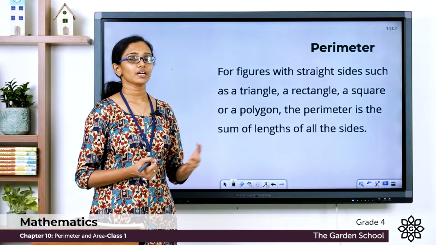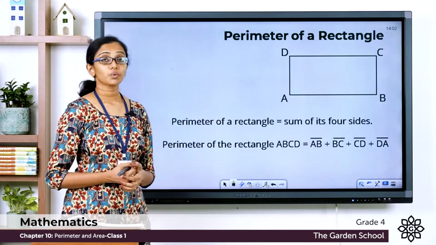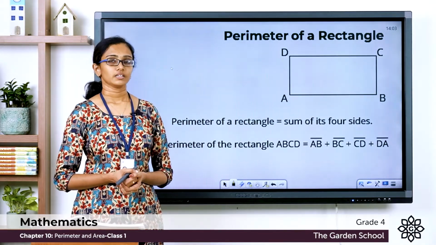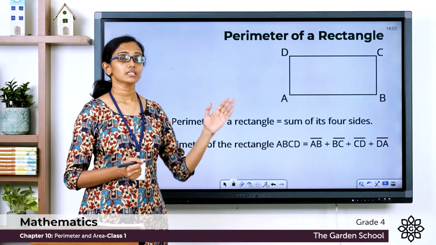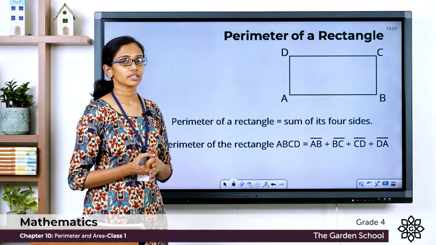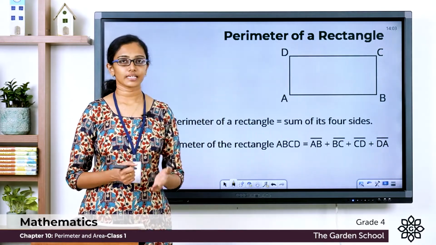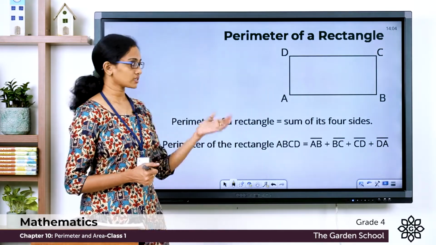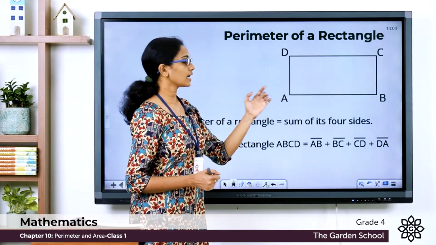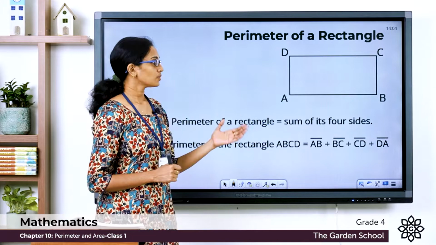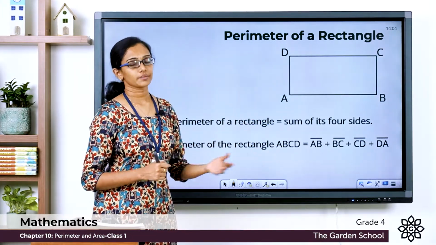Let's make this more clear with examples. We'll see what the perimeter of a rectangle is. By definition, the perimeter of the rectangle should be the sum of the lengths of all its sides. Now you see a rectangle here, rectangle ABCD, and it has the sides AB, BC, CD and AD. So what would be the perimeter of this rectangle?